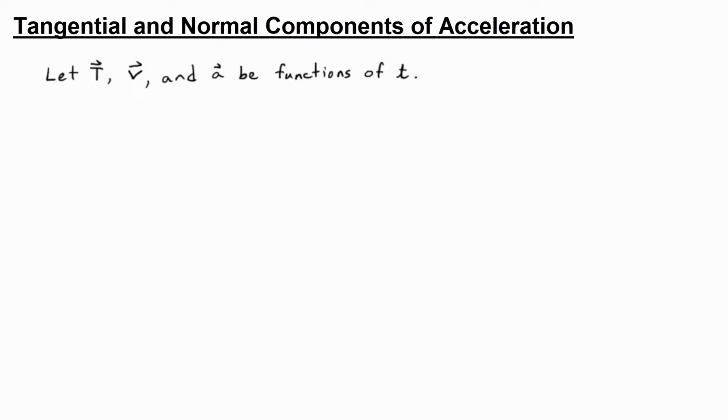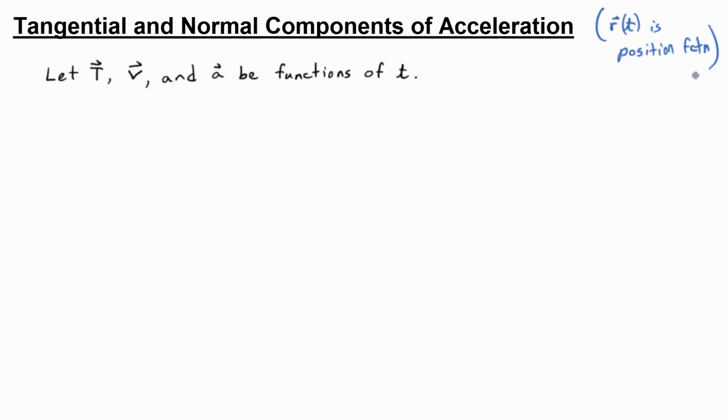So this is all in relation to some position function, r of t, the underlying position vector valued function. Let T, v, and a all be functions of t.